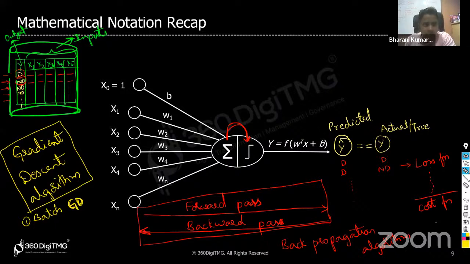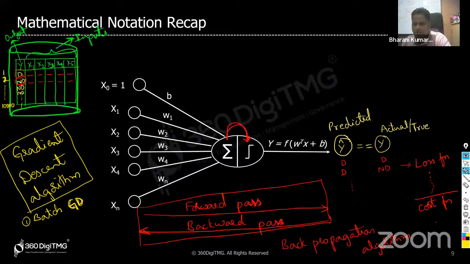Let's understand. If you have, for example, 10,000 observations, and you pass one after another, all the 10,000 observations to your network, and you get the predicted values, and you compare them with the actual values, you get the loss function.